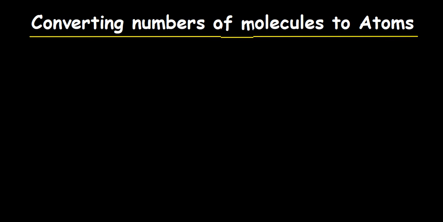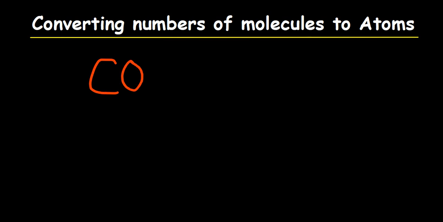So for example, if I write the chemical formula of carbon dioxide like that, we see that this is a molecule, and it's been represented in terms of a chemical formula. Given a specific molecule, we can find out how many atoms that molecule has. So this one molecule of carbon dioxide has how many atoms?